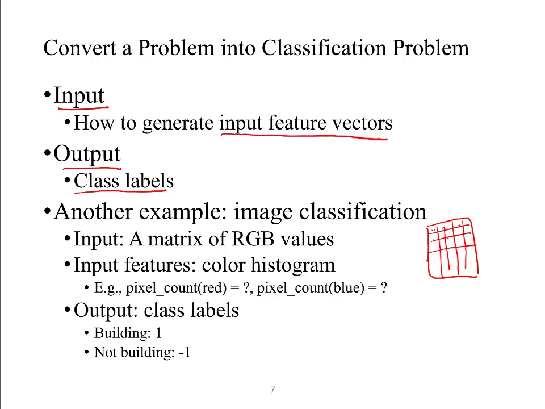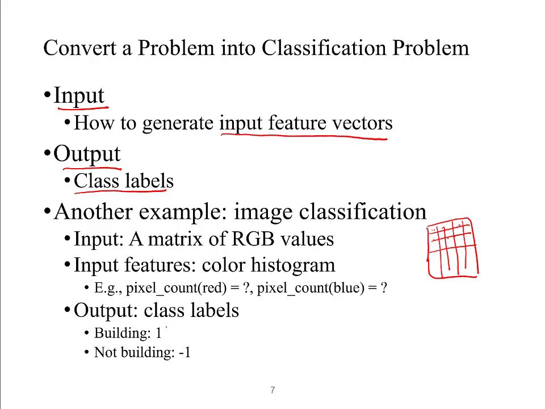For example, currently in neural networks, many of the methods just directly use the input, or with very minor modifications of the original input matrix, and use this as the input feature vector. This is also doable. It depends on the model you use. All right. And the output is the class labels. So basically here we want to know if it is a building or not.